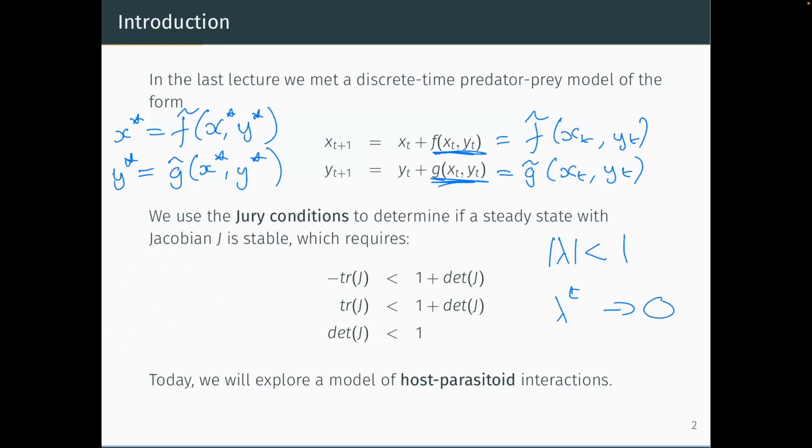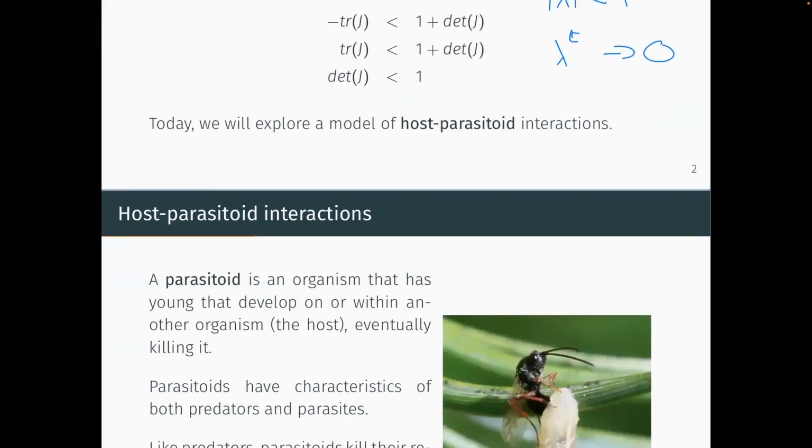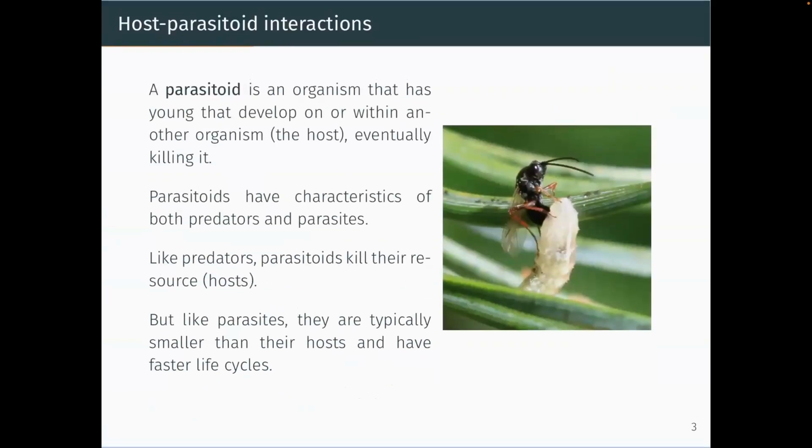Okay, so we're going to explore this model of host-parasitoid interactions, just a little bit more about what parasitoids are. It's an organism that has young that develop on or within another organism. So this is an example of a parasitic wasp laying its eggs inside this larva here.